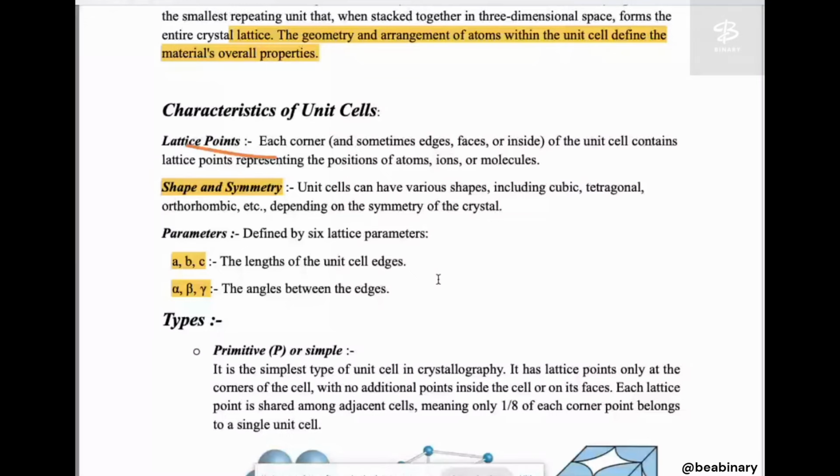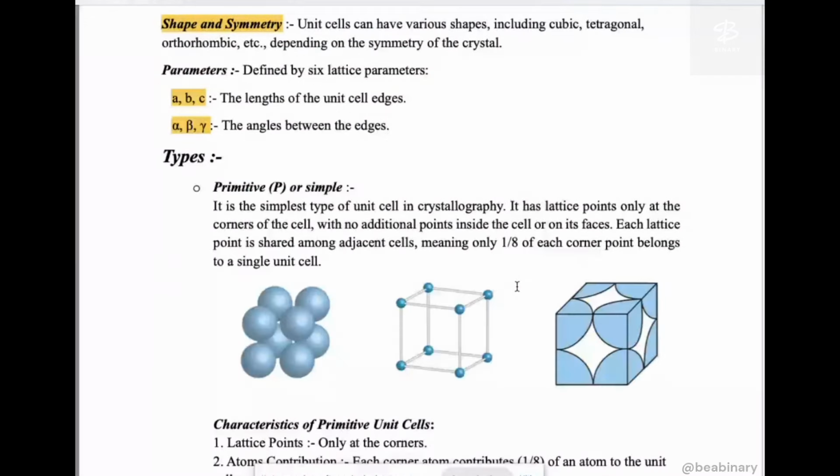Look here. This is the first edge. Let me show you.